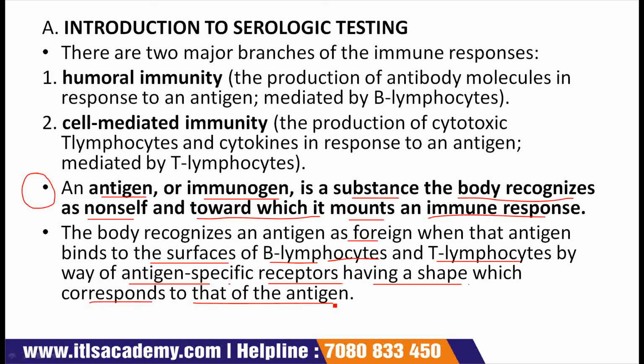The antigen receptors on the surfaces of B lymphocytes are antibody molecules called SIg. The receptors on the surface of T lymphocytes are known as T cell receptors.